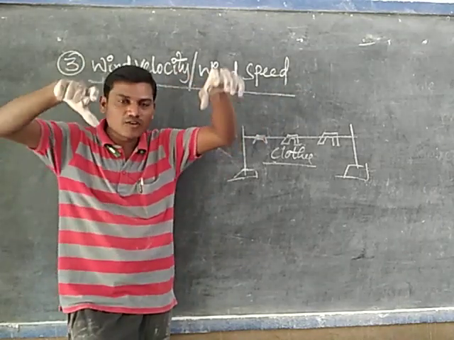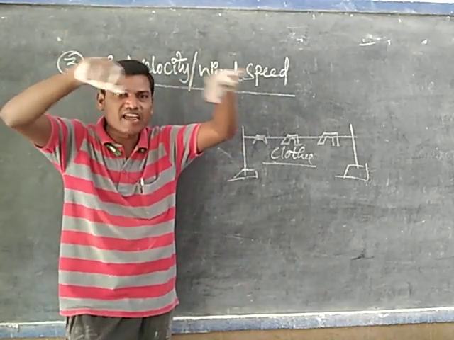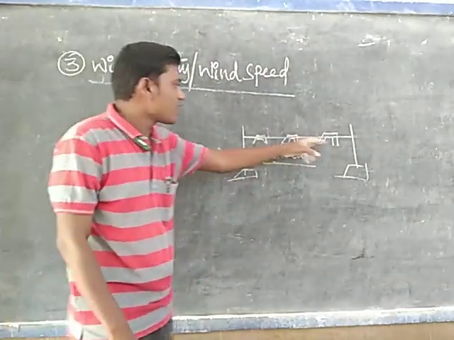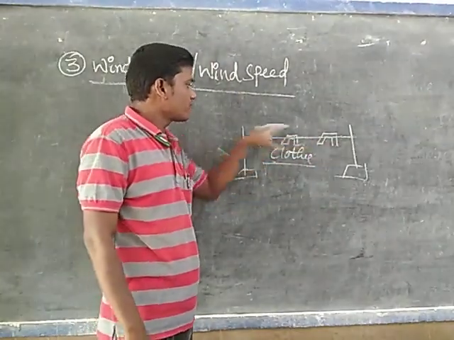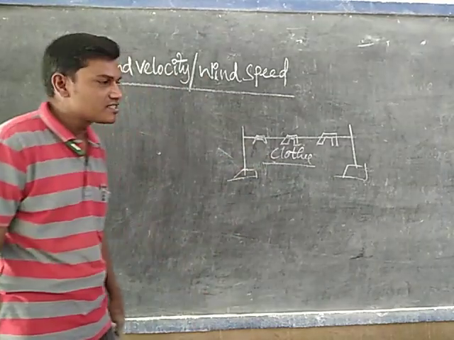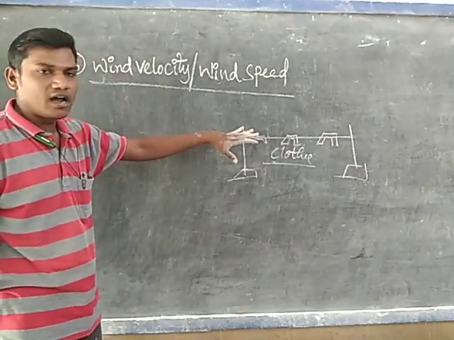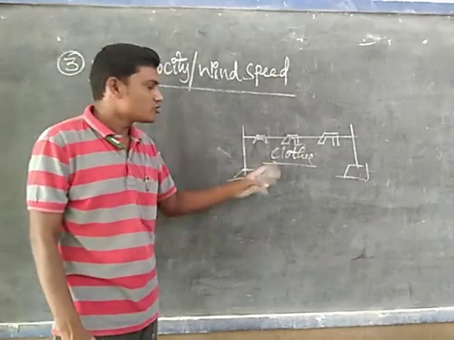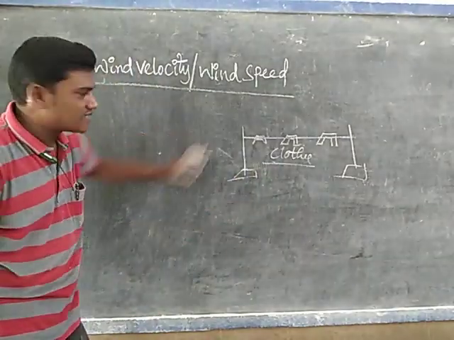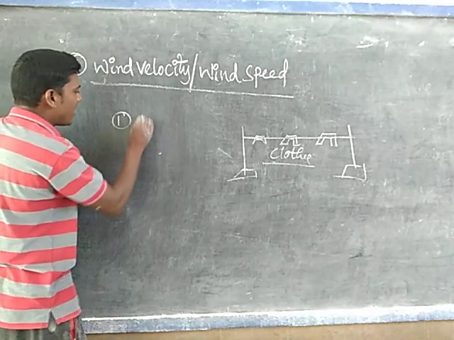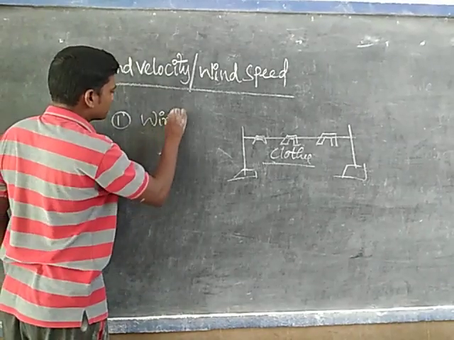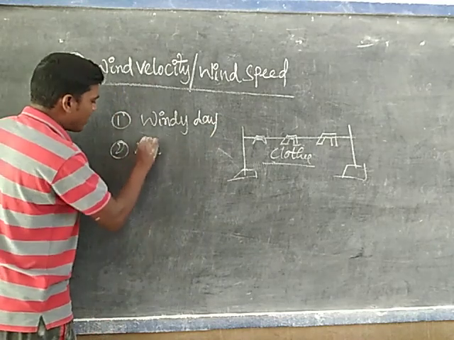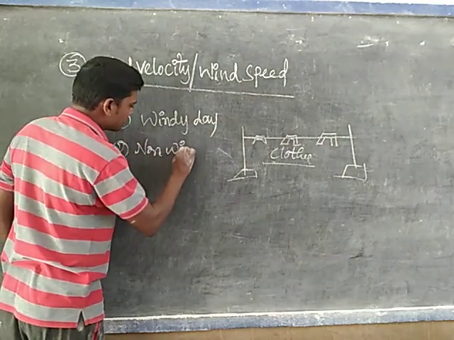On the ropes we hang the cloth. So the cloths are suspended freely on a string at the top roof of the house. Now in this concept we consider two cases: one is the windy day, and the second is the non-windy day.